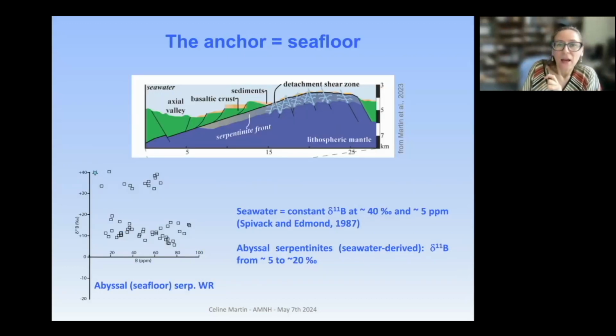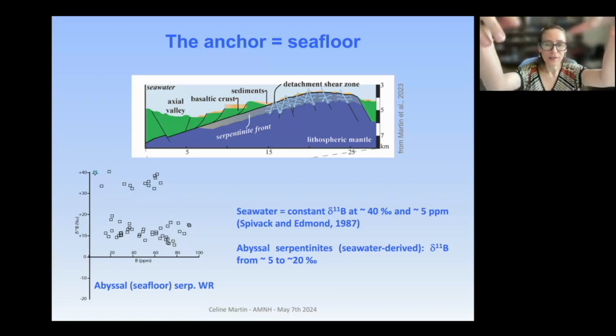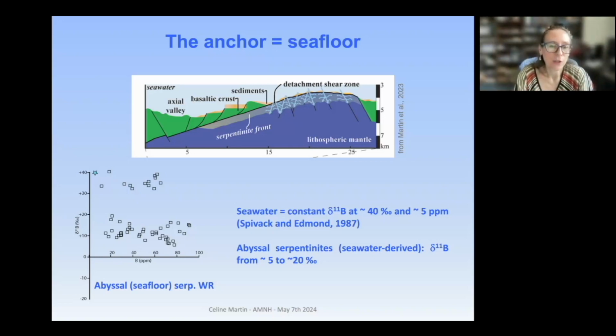And what we know for sure in terms of both tectonic setting and fluid is the seafloor. Because, as you can see on the upper figure, serpentinization occurs in the seafloor with little cracks or fractures. The seawater is percolating through the oceanic crust and underneath into the lithospheric mantle and serpentinizes it.